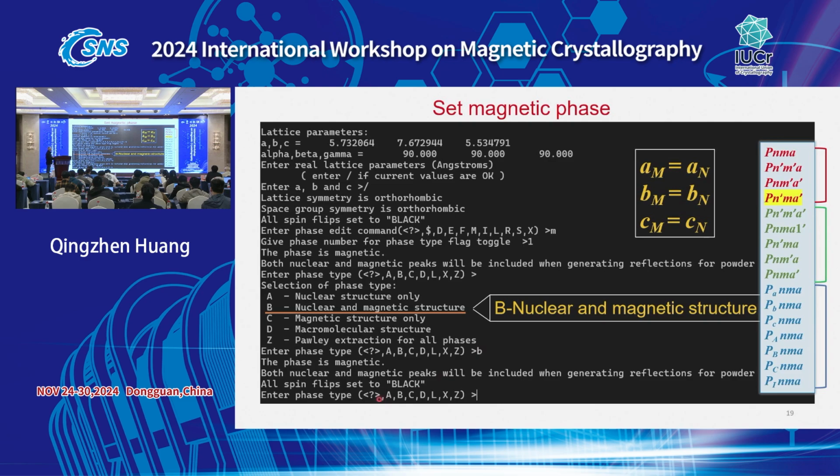And if you type C, it is a magnetic structure only. In this case, you have magnetic and nuclear divided into two phases to refine. So you need to set this phase as nuclear and set another phase as magnetic only.